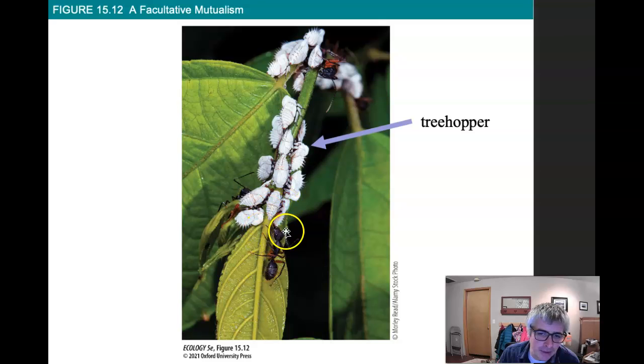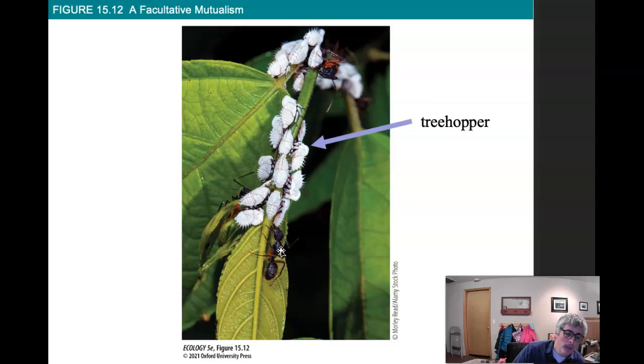And they do this in exchange for protection, but depending on the suite of predators and parasites on the tree hopper out there, there might not be any predators or parasites around, and so the ant's not really doing anything, but they're still getting some benefit. Or there could be a fair number of predators and parasites that would normally consume the tree hopper, but the brave ants are fending them off, in which case there's a great amount of benefit. Or there could be really no change.